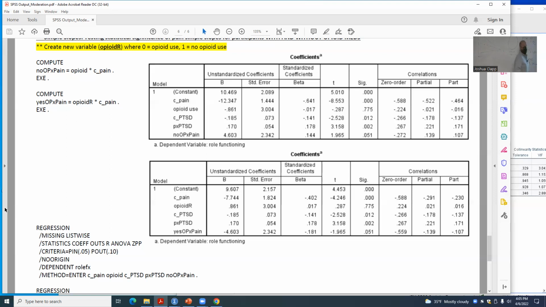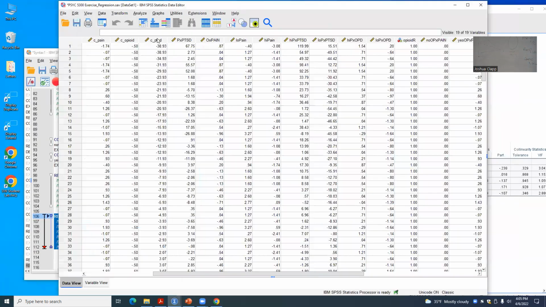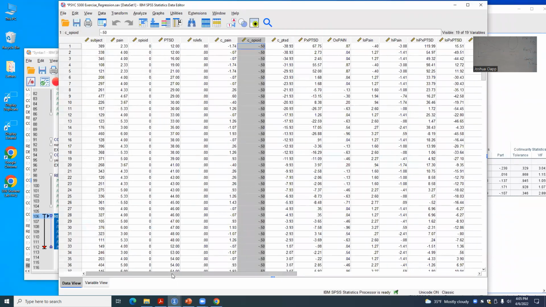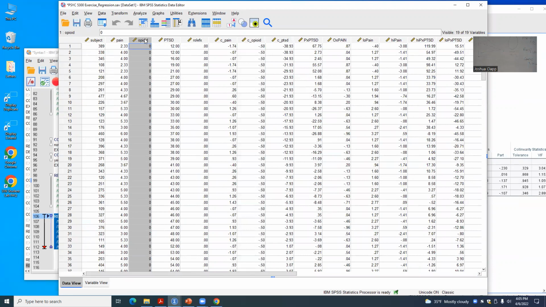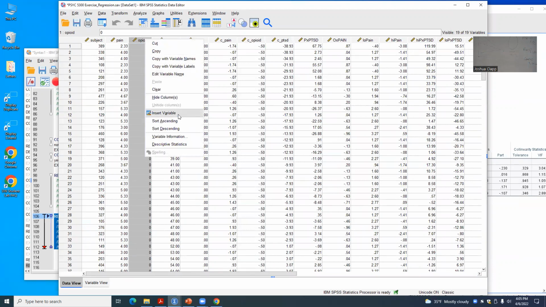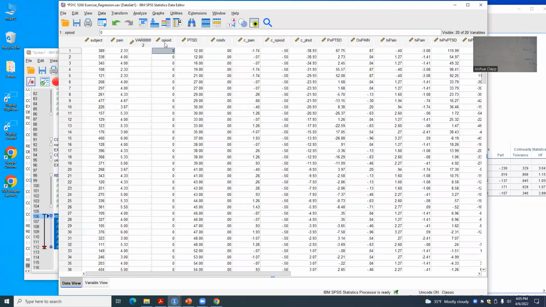Yeah, because I created that in the data editor. What I did is, you go through and insert variable, and this is then sorted.